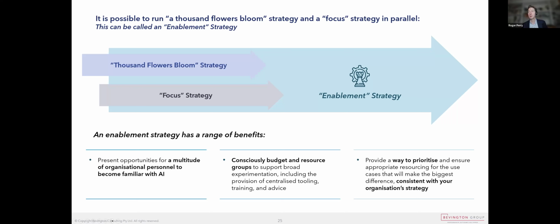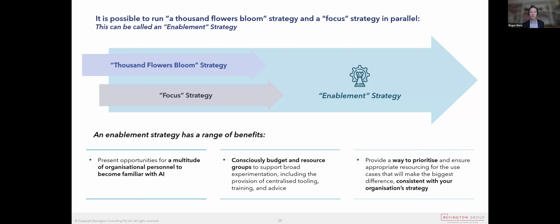You can still have some experimentation, but you manage the expectations. The money's going into the focus areas, and you're quite clear on that, but you can rack and stack ideas for later use and provide a way to prioritize organization strategy, making sure people know you're not going to fund everything, that there'll have to be priorities, and that we're managing the appropriate disappointment that can arise as a consequence.